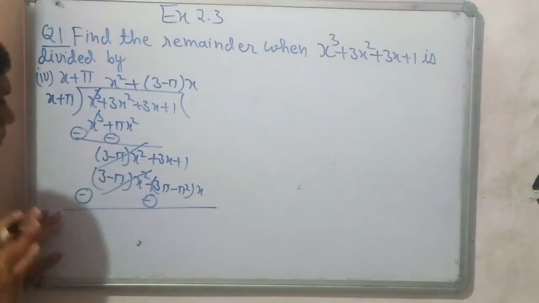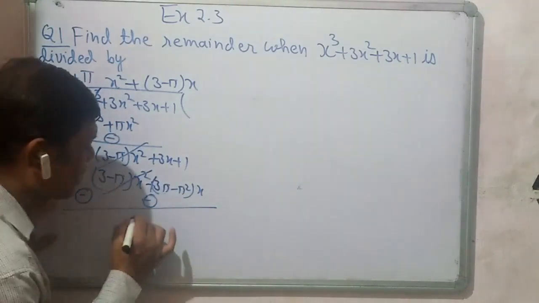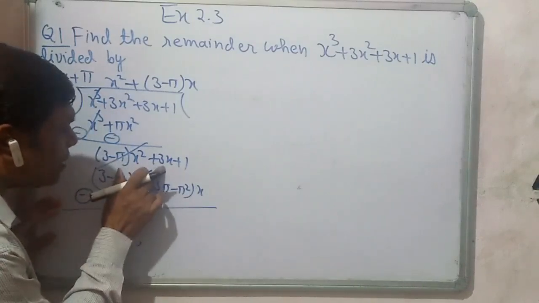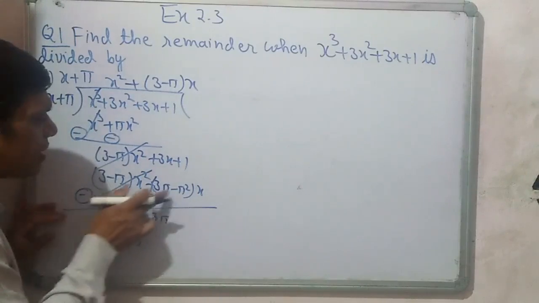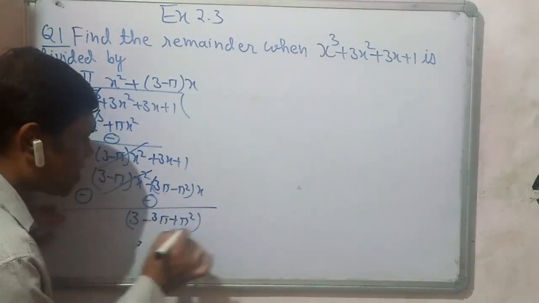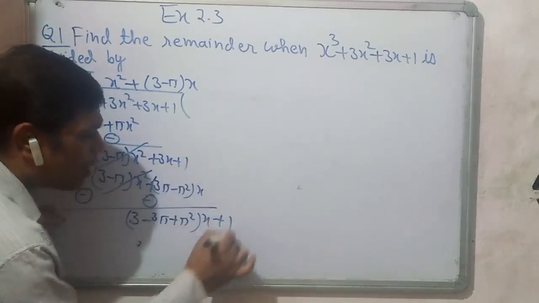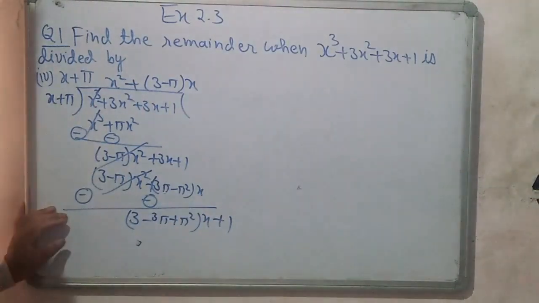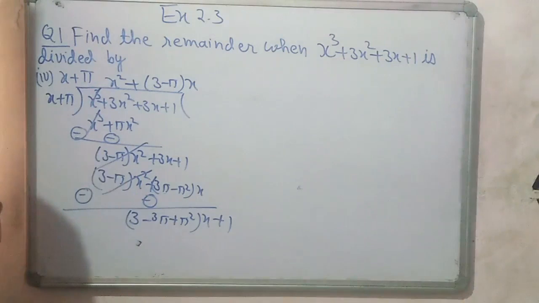Got it. Now we have to subtract that. That means it is coming as 3, this 3 minus 3 pi. This negative sign outside is going to change the sign, plus pi square x plus, right? Now this term divided by x will cancel out.